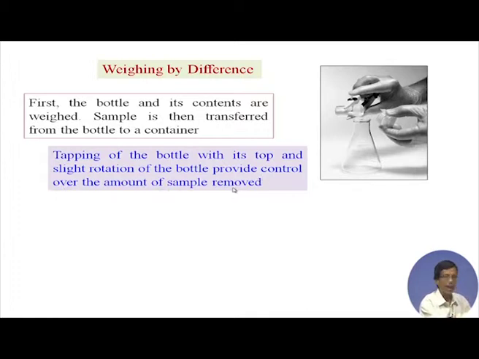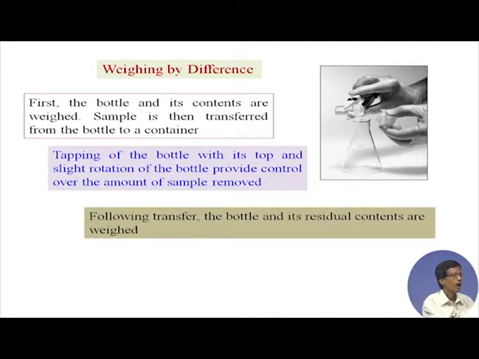So, control over the amount of sample to be removed comes with practice, because the very first time you cannot do that, but you have to do a direct transfer of the sample from the weighing bottle to the conical flask. After this transfer, the bottle and the residual contents are weighed. That is your second or final weight.